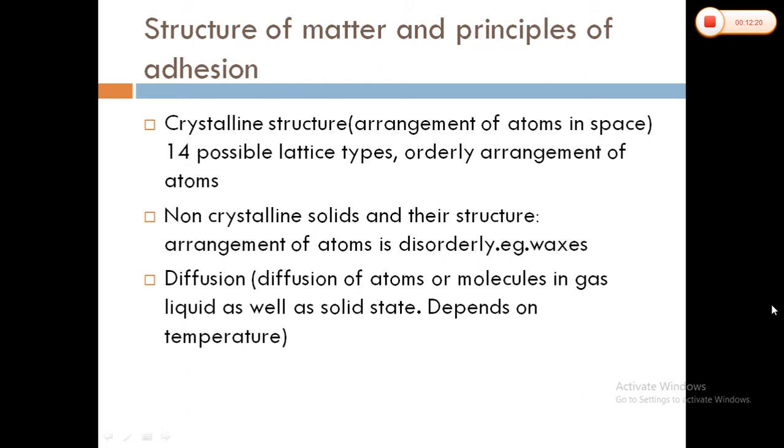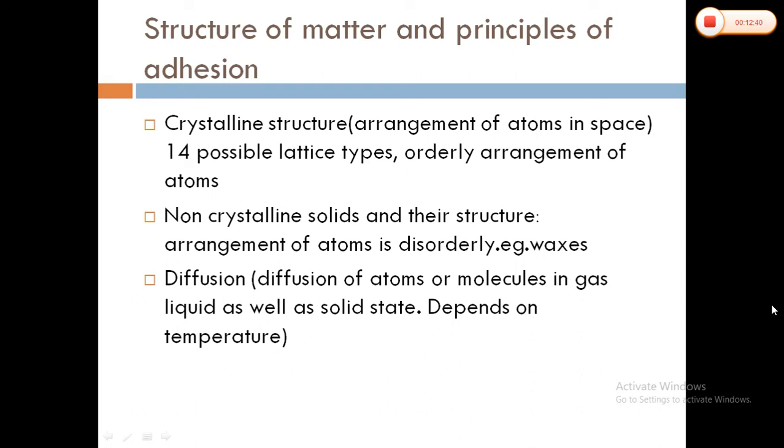Coming to structure of matter and principles of adhesion. Matter exists in a solid form or in a crystalline structure also. This crystalline structure is nothing but arrangement of atoms in space.